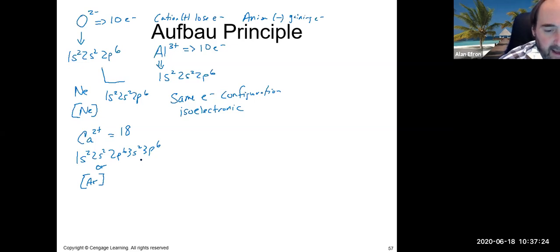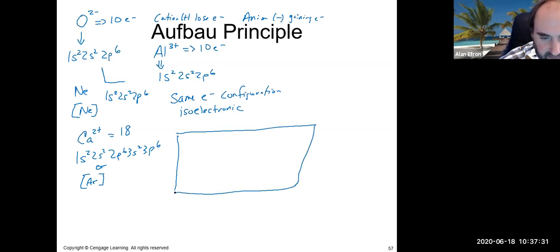And there is a pattern in terms of ions and the periodic table. I'll draw my bad periodic table here. This is group 8 on the periodic table, and these are our noble gases. This is where we have our helium, our neon, our argon, our krypton, and so forth.